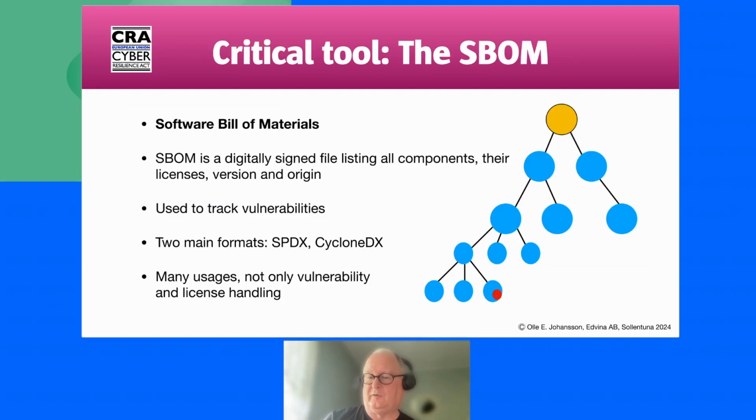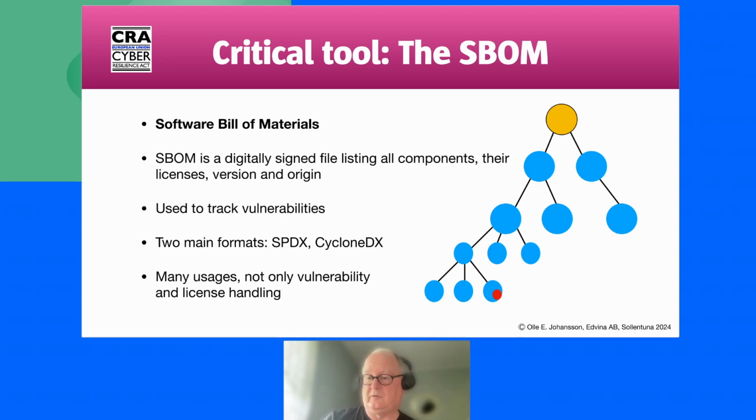But the most critical tool here is the SBOM, the software bill of materials. This is the list of ingredients in your software. You use it to track vulnerabilities. There are two different formats that are, I would say, the main formats, SPDX from the Linux Foundation and CycloneDX from OWASP.